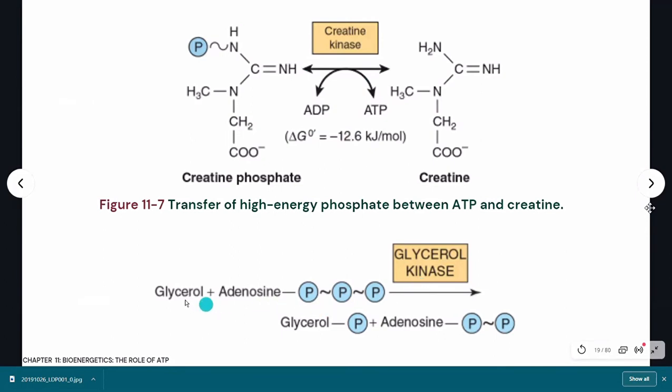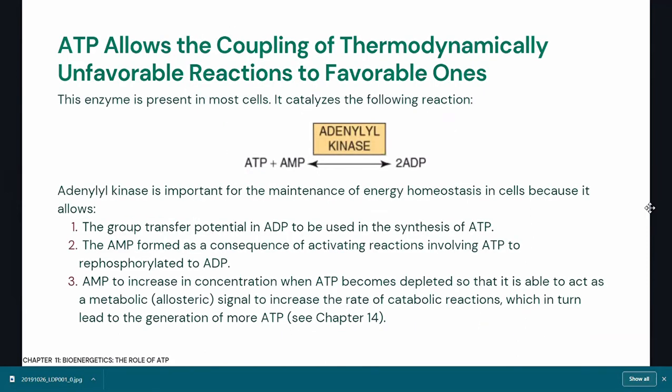So here is glycerol and ATP. Through glycerol kinase, this phosphate is removed and added to glycerol. So you now have glycerol 3-phosphate plus the remnant of ATP, adenosine diphosphate.